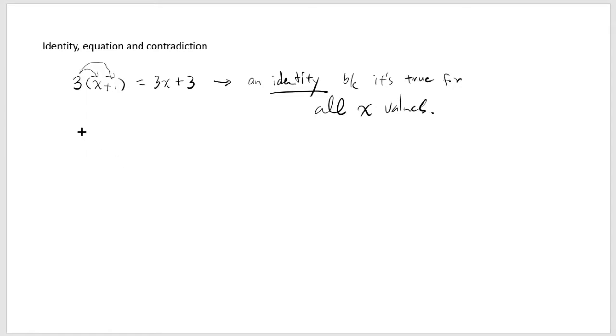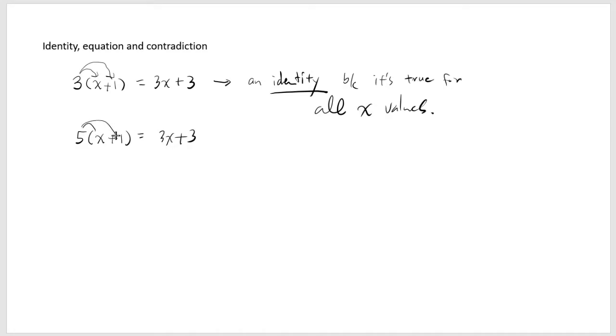Now, however, if you had something like 5x plus 1 equals 3x plus 3, then this is a different matter. Of course, this is not true for random x's anymore, because 5 times x plus 1 is 5x plus 5, and it's not 3x plus 3. But we can consider this as an equation and solve for x.